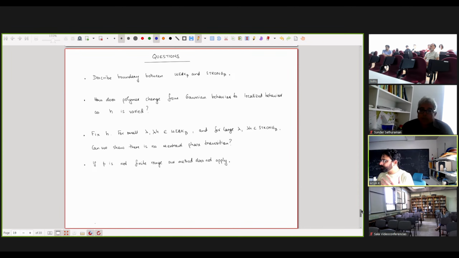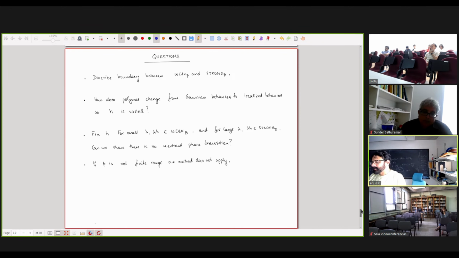Can we show there's no re-entrant phase transition? It appears to be true. You fix a direction h; for small lambda, you can show that we're in weak disorder, and for large enough lambda, you can show that we're in strong disorder for some particular directions h. Can we show that there's a monotone phase transition? There's a region in weak disorder, there's a region in strong disorder. We don't know yet.